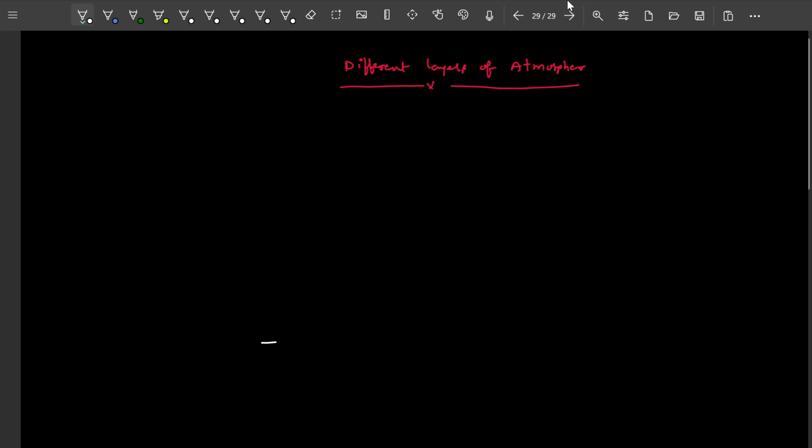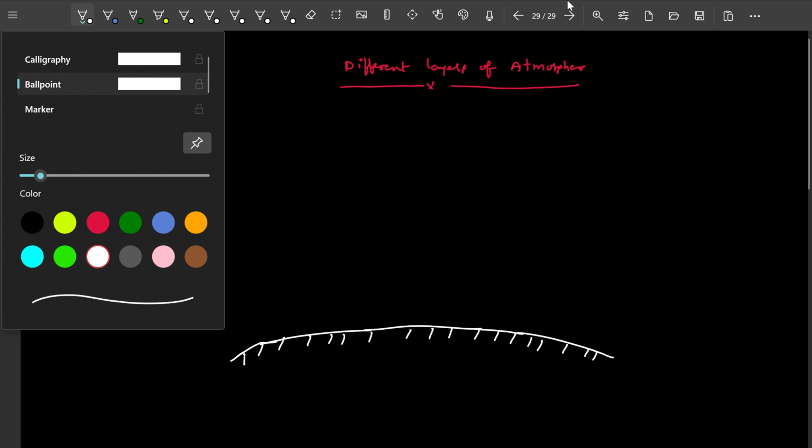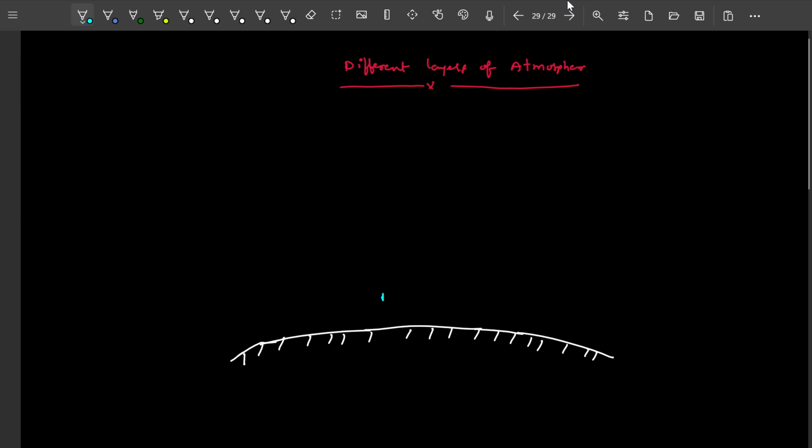This is the earth. On this earth, the first layer, the one nearest to the earth, is the troposphere.